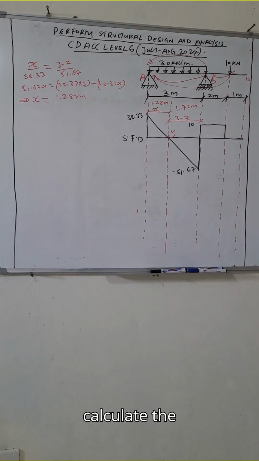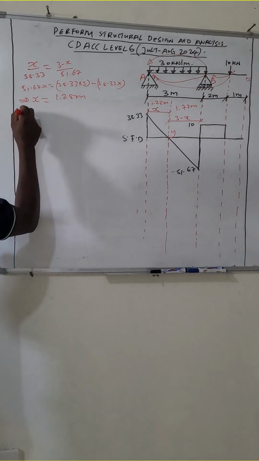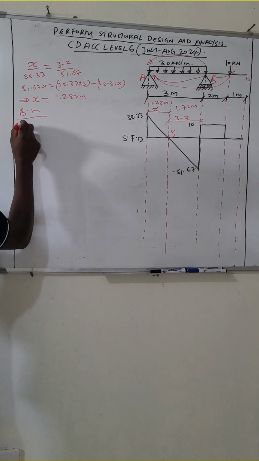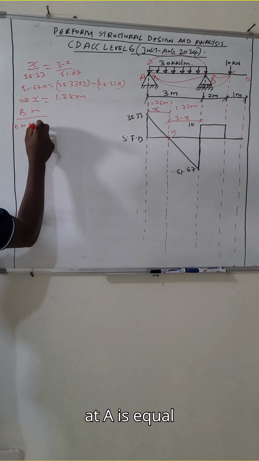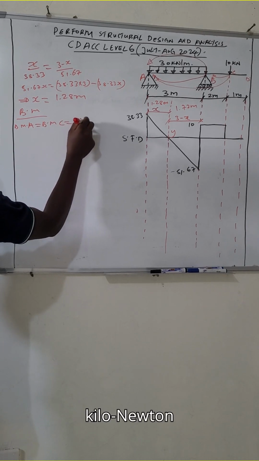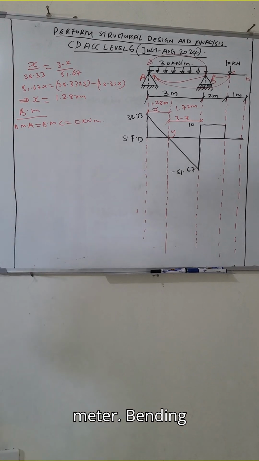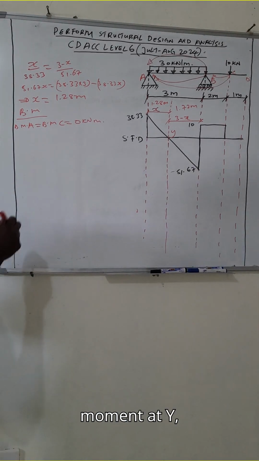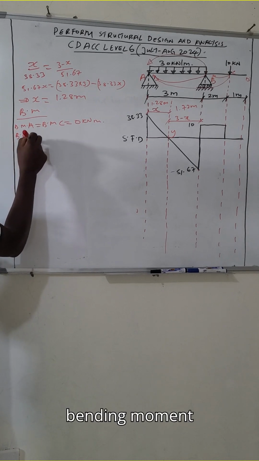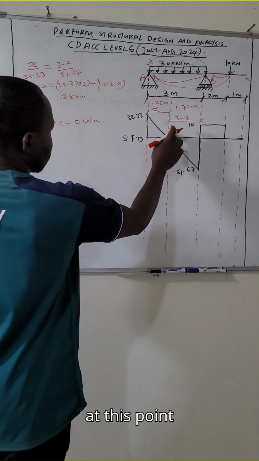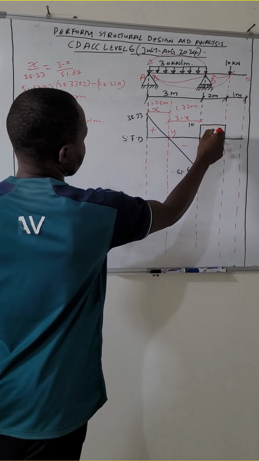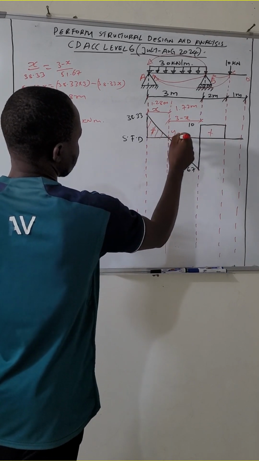Now, let's calculate the bending moment. Bending moment at A is equal to bending moment at C, which equals 0 kilonewton meter. Bending moment at Y will be the area of this part.